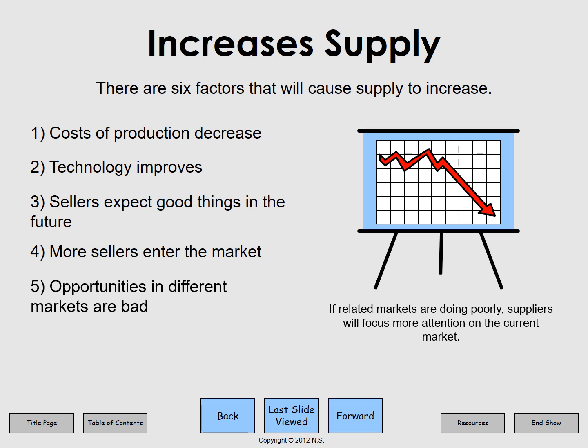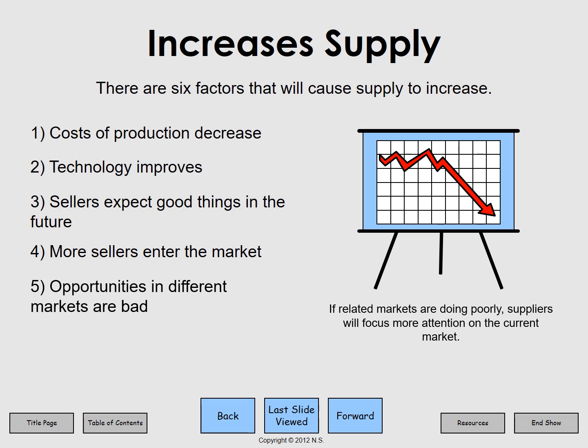So if it turns out that soft drinks are even worse than what we thought, then that would make lemonade more popular, and that would be good, and we would increase the supply. It also increases demand as well, but remember, we're talking about the business owner. We're the suppliers in this. So if that happens, if other markets are doing poorly, suppliers will focus on the current market.